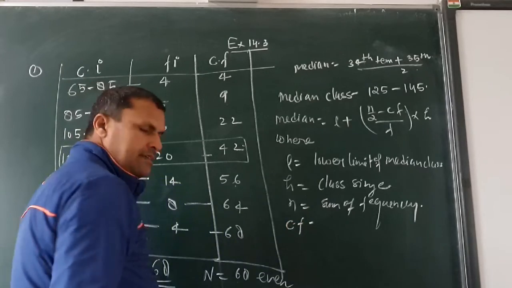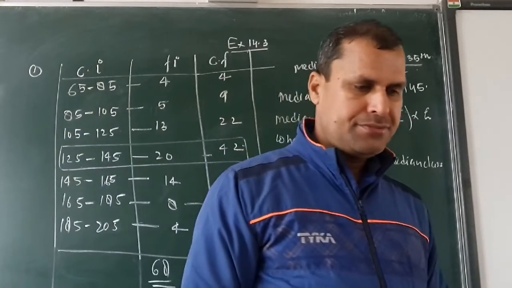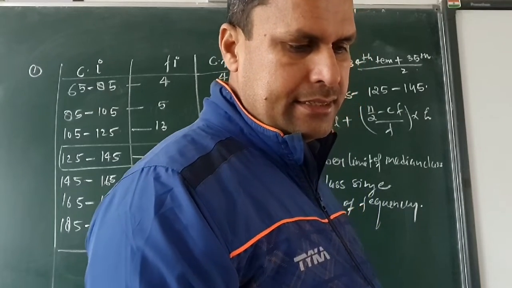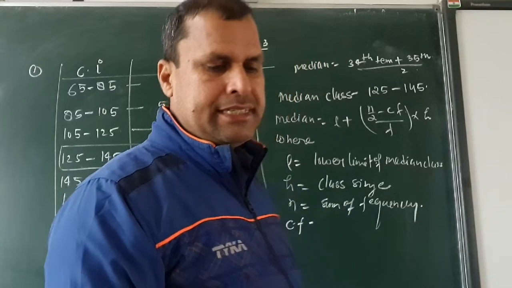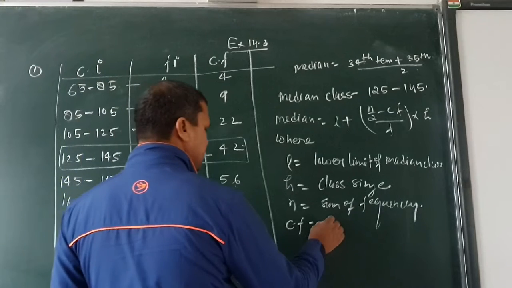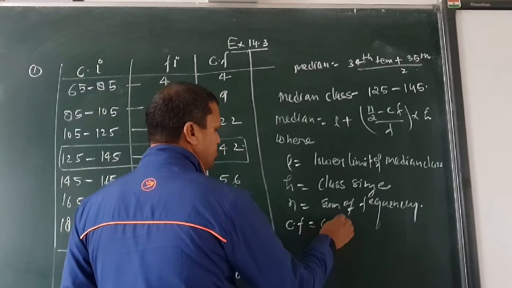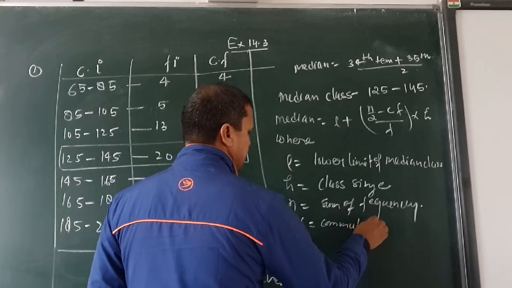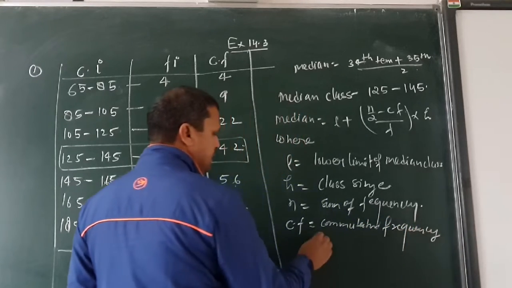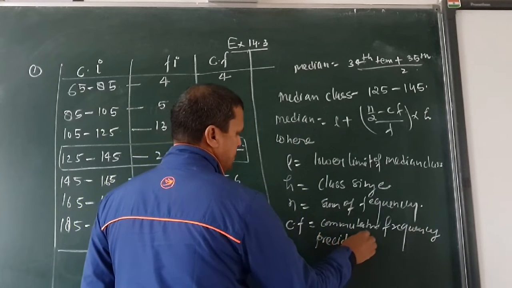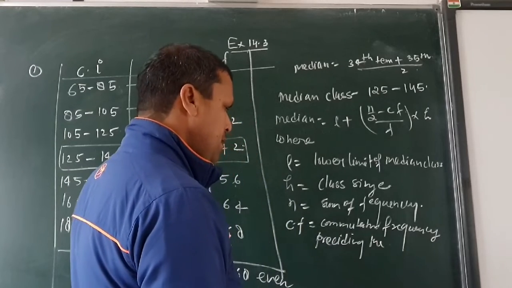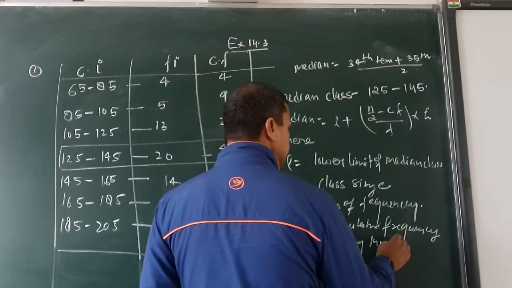CF, it is very important, it is the cumulative frequency of the class preceding the median class.